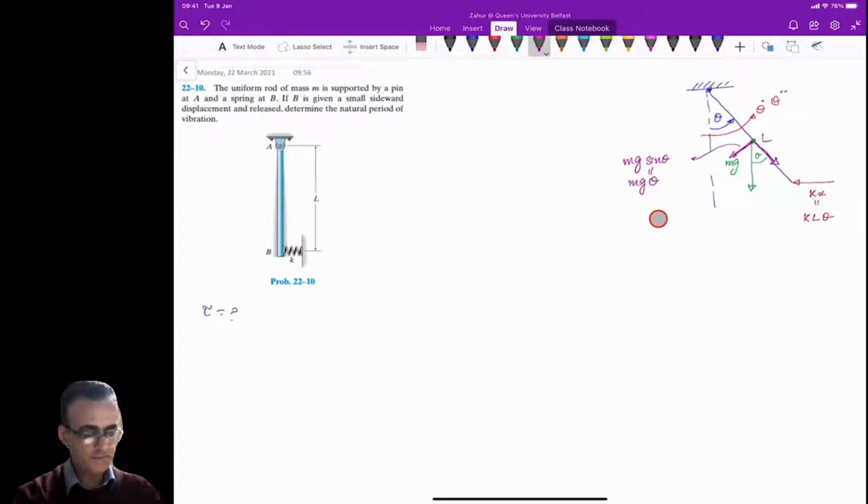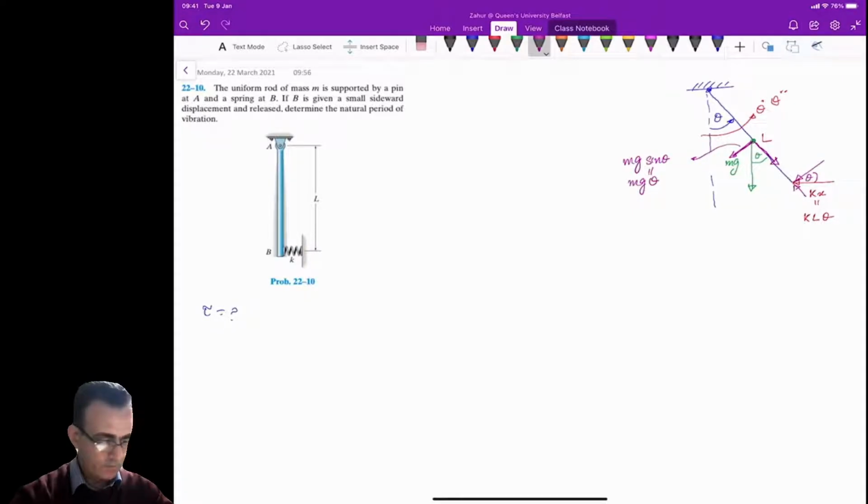Okay, and now again, if you look at this kx here, you can split this into two components. One is going to be in this direction here, and one is going to be in this direction here, and again this is theta here.